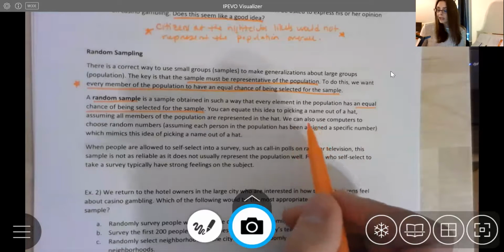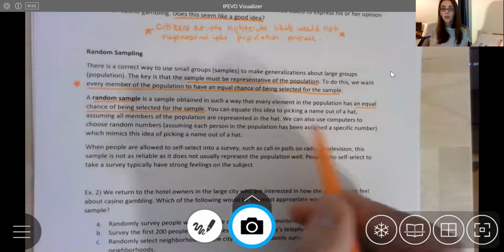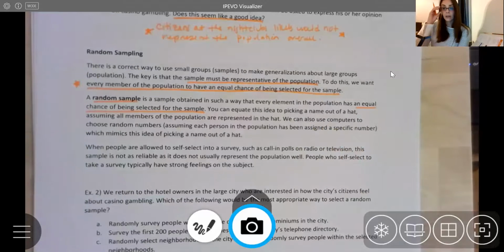What we really do is we tend to use computers to do this for us. Usually with technology now, computers can generate random numbers. Your calculator, if you have a TI-83 or 84, can actually do that too. And there's lots of random generators online. So what we often do instead is every member of the population will be assigned a number. For instance, I could be number 1, you could be number 2, and so on.